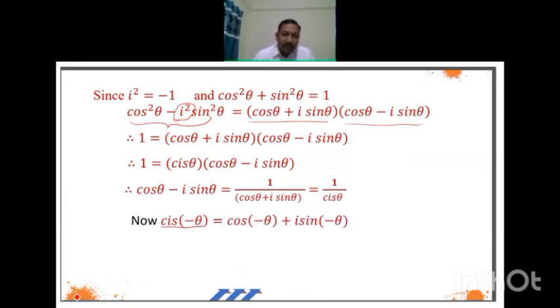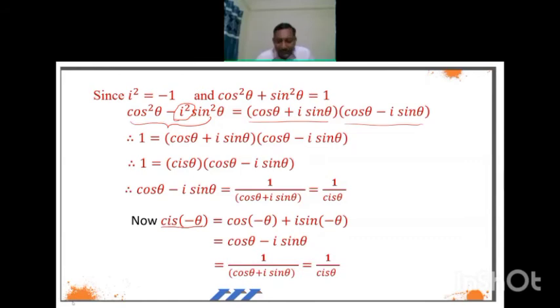And cis minus theta, if we see, is cos of minus theta plus i sin of minus theta, which is cos theta minus i sin theta, since cos minus theta is cos theta and sin minus theta is minus sin theta. Therefore cis minus theta is equal to cos theta minus i sin theta, but cos theta minus i sin theta is equal to 1 by cis theta for us. So cis minus theta is equal to 1 by cis theta.